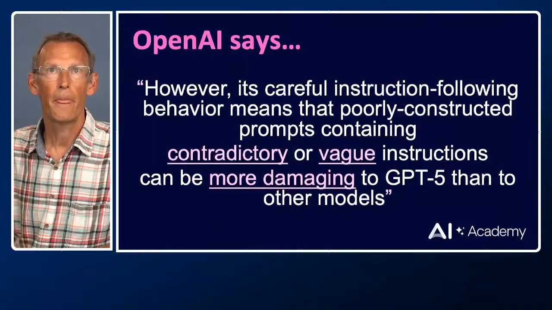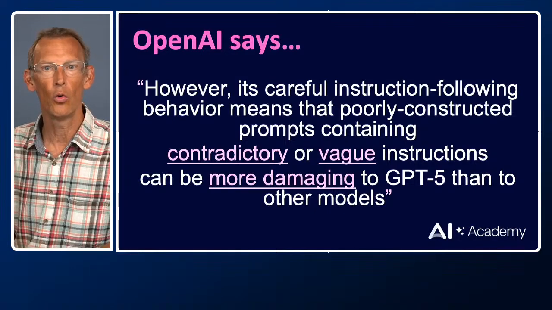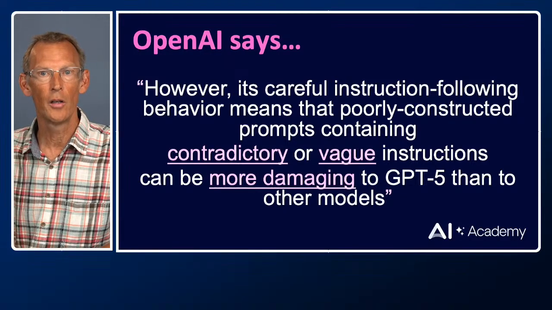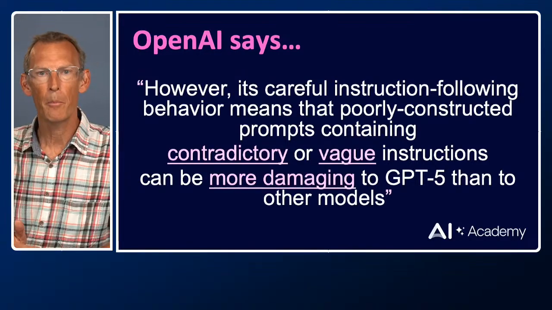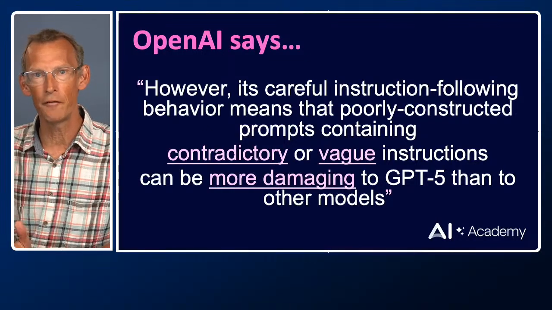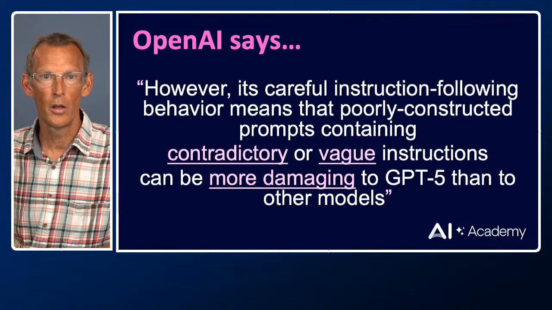And what they said in their guide, this is from OpenAI, they said, however, its careful instruction following behavior means that poorly constructed prompts containing contradictory or vague instructions can be more damaging to GPT-5 than to other models. In other words, prompt engineering is now more important than it was before. 4.0 was fairly forgiving, but with GPT-5 we have to learn a few extra tips and skills if we want to get better results from ChatGPT.